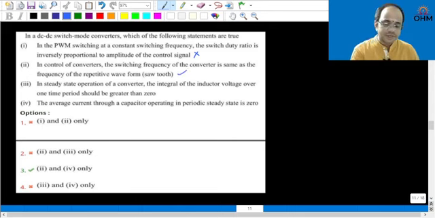So this statement is correct. In the steady state operation of a converter, the integral of inductor voltage over one time period should be greater than 0. This is not correct. This should be 0. The average current through a capacitor operating in a periodic steady state is 0. This is correct. Therefore, the second and fourth statements are correct for the given question.